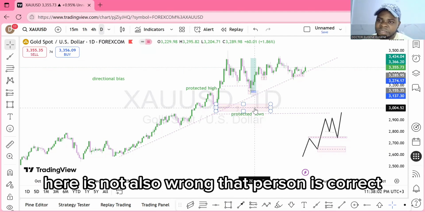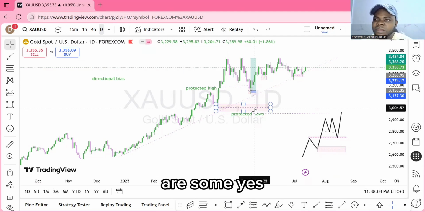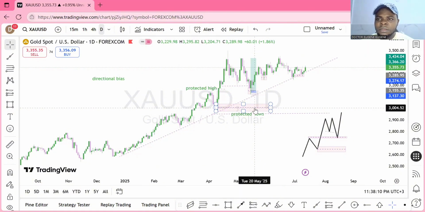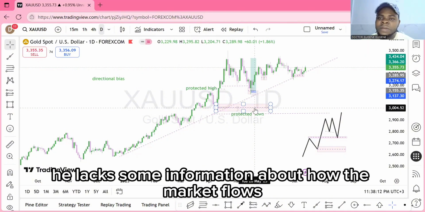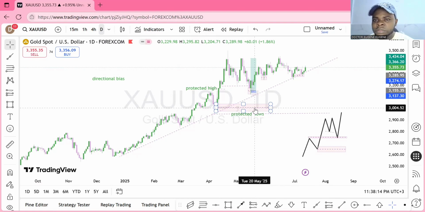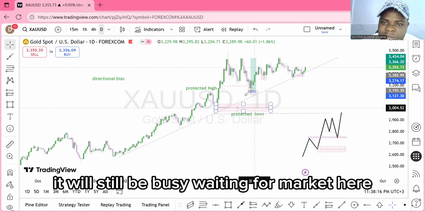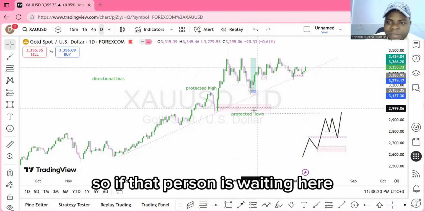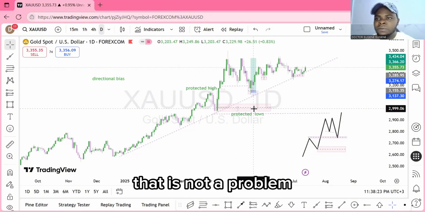That person is correct, he's right, but he lacks some information about the market flow, about how the market flows. So if that person is waiting here, that is not a problem.